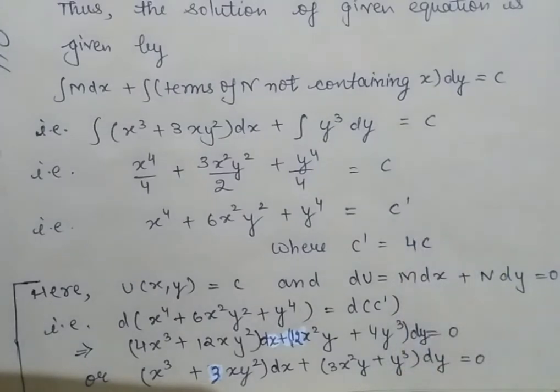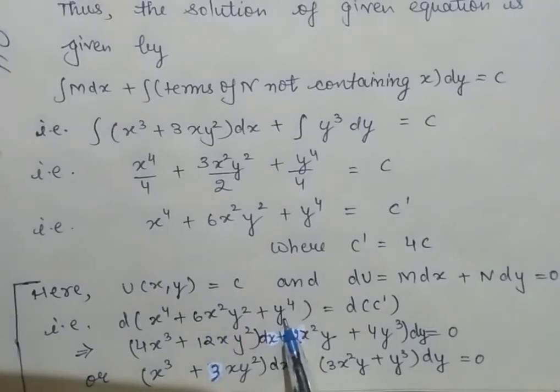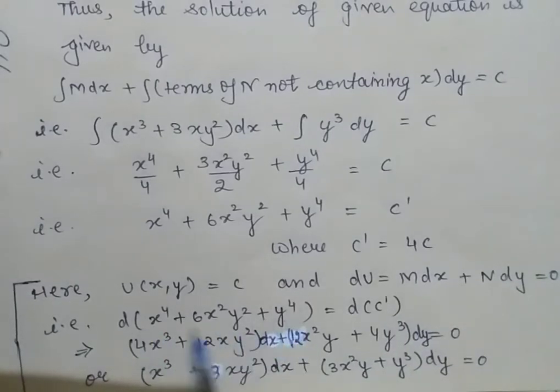So here u(x,y) is x raised to the power 4 plus 6x square y square plus y raised to the power 4. Now if we differentiate that function u, then we get the original equation, that is du.